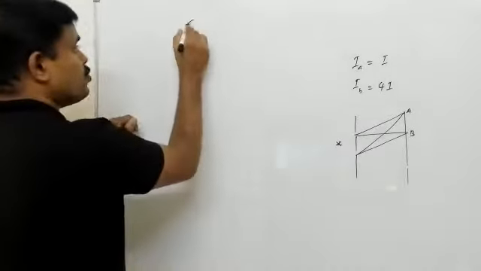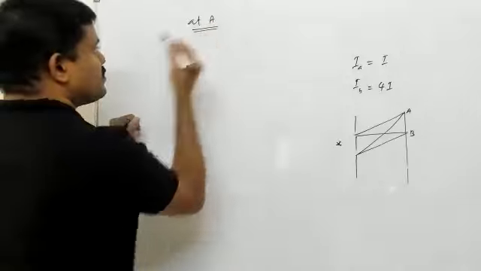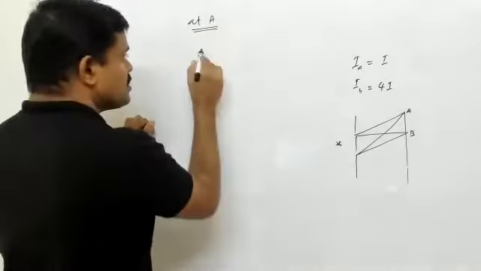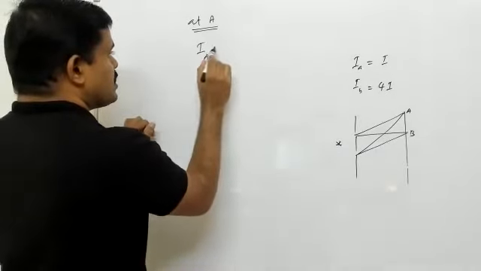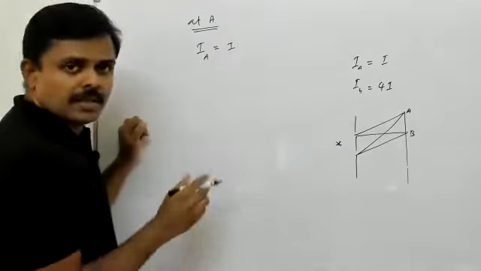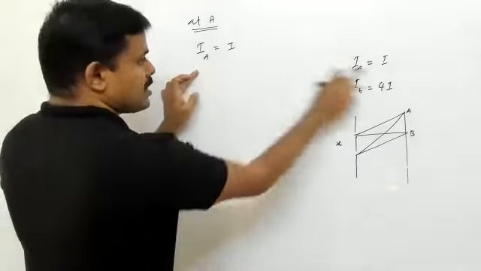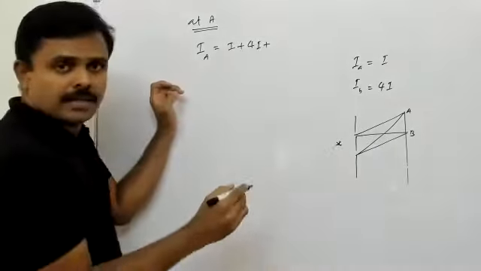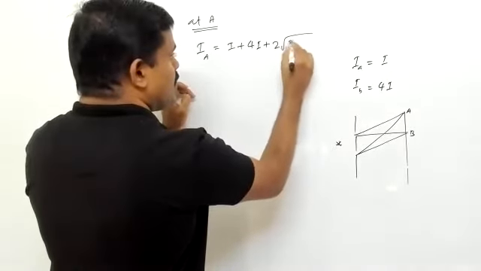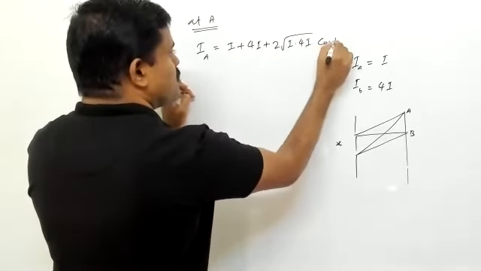So let us do at A first. The phase difference is pi by 2 in the first case, so I can find intensity at A. Intensity at A is IA, that is I, plus IB, that is 4I, plus 2 root IA IB cos pi by 2.